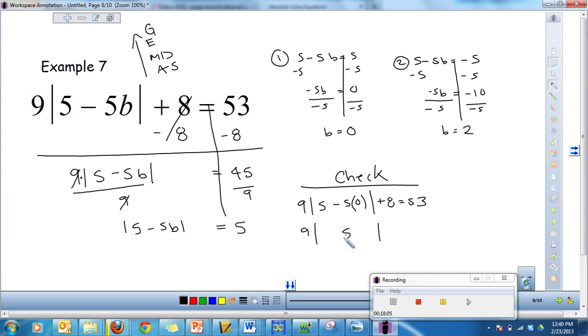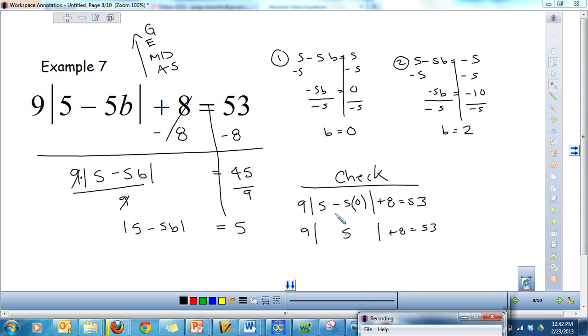So I have 9 times the absolute value of 5 plus 8 equals 53. This is simplified now, so I can drop my bars. What is the absolute value of 5? It's going to be 5. 9 times 5 is 45, plus 8 is 53. Let's try the other side.